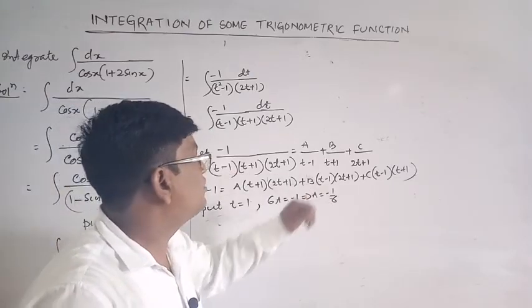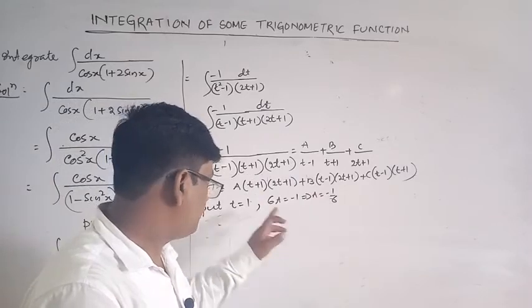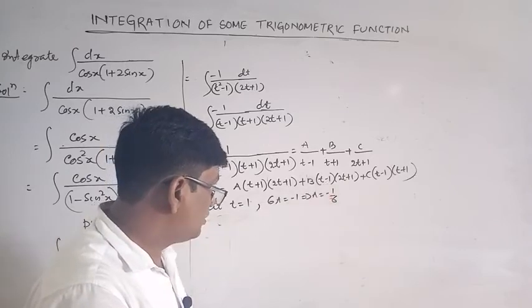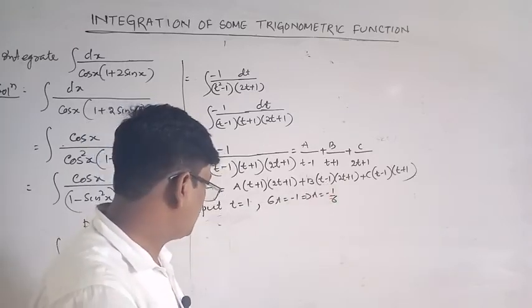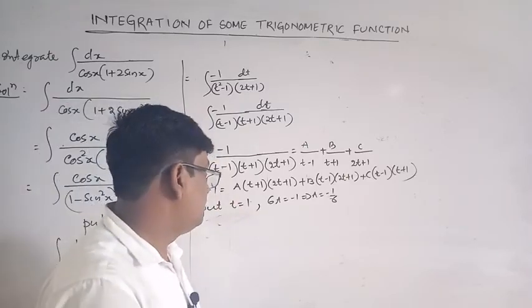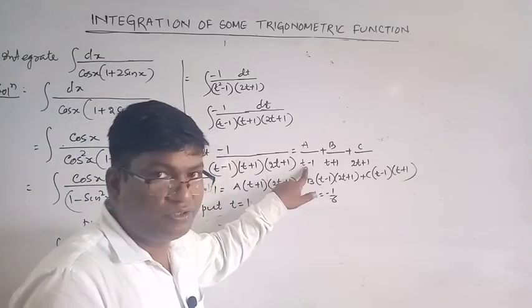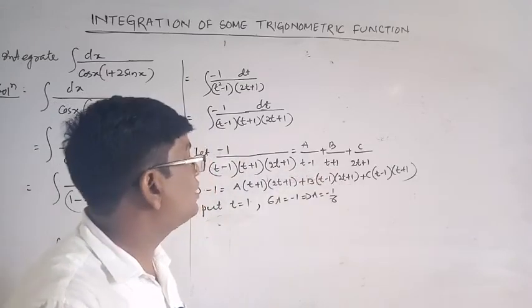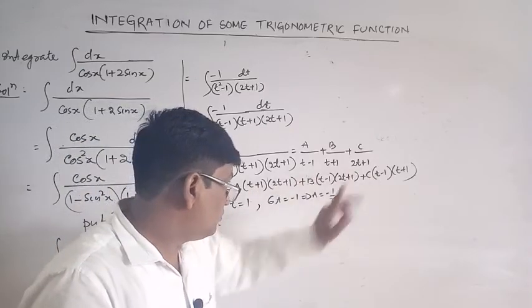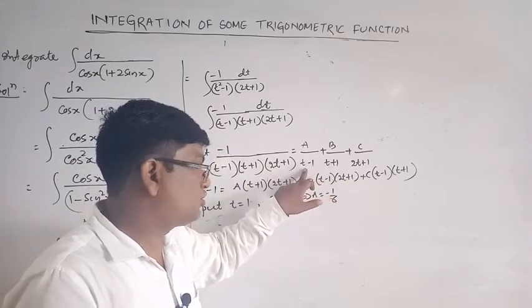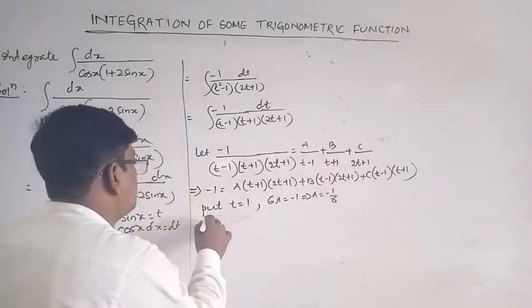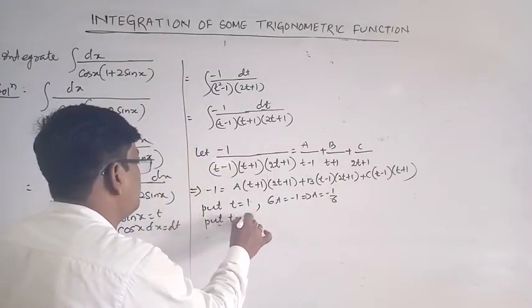Now try to eliminate the b term, so put t is equal to minus 1. First, for t equal to 1 these terms were 0; now put t is equal to minus 1.